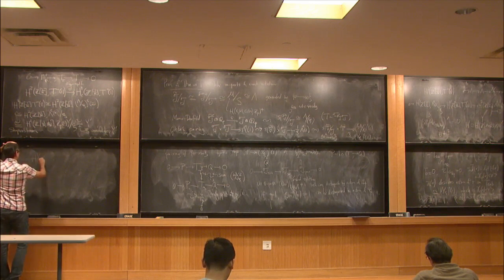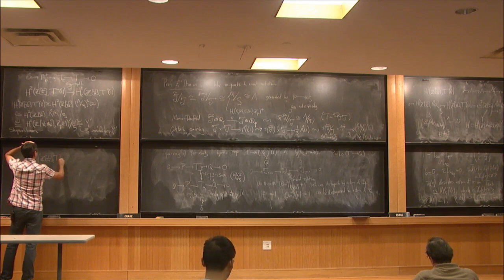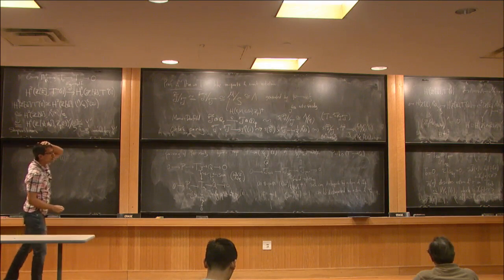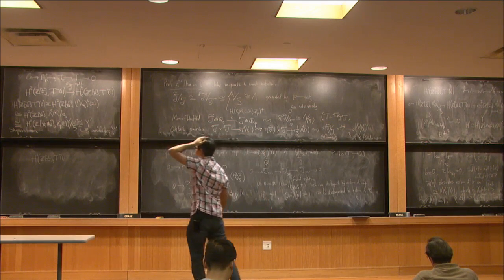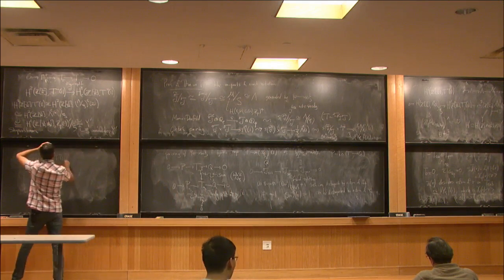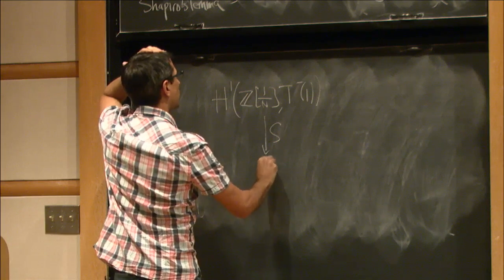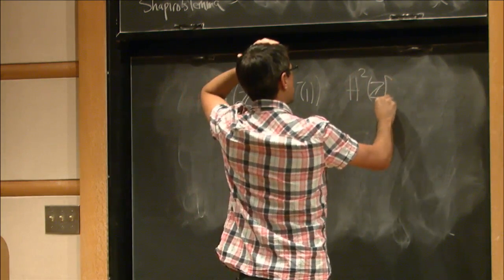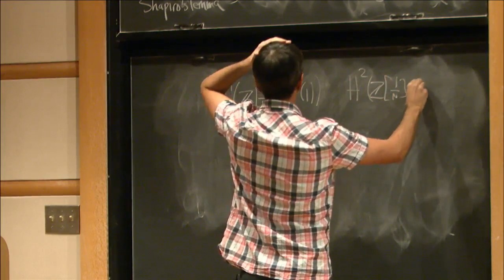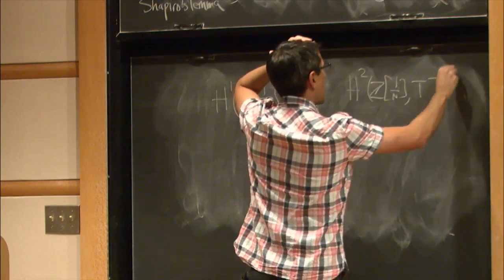So you can look at H1 of Z[1/n] with T minus 1. And now we know that this maps isomorphically to Y. On the other hand, before I told you that Y maps isomorphically to H2 with T minus 1.